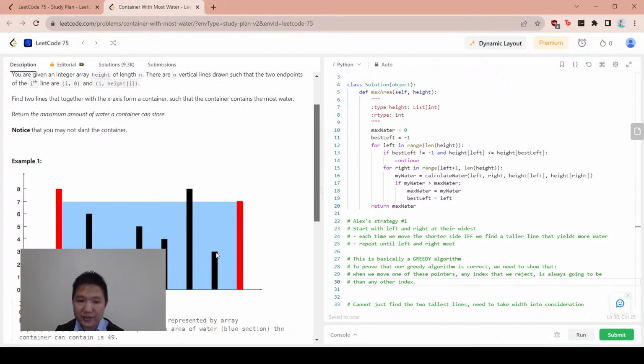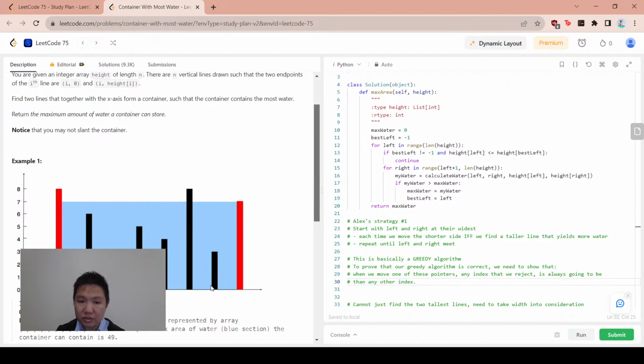So we can prove that this short guy should be rejected not only as a pair for left equals to 1, it should be rejected as a pair for left equals to anything. Because this short guy over here is always going to be worse than our current right, which is this red line on 8.